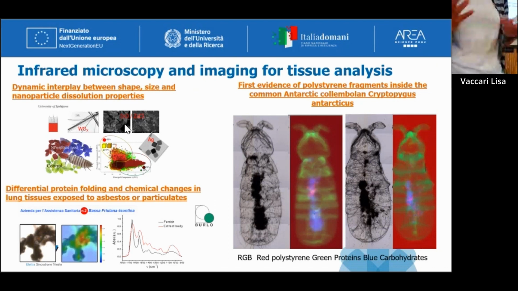Obviously, they were fixed in paraformaldehyde and so completely inactivated. But there are also possibilities to test the effects of the virus in some organs or districts. So this would be useful to use like a histological approach on large tissues.